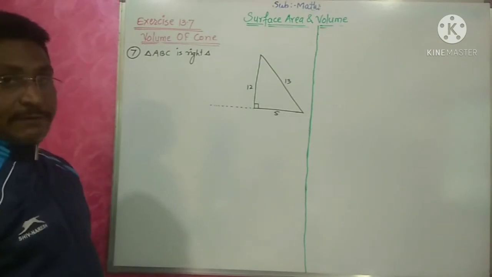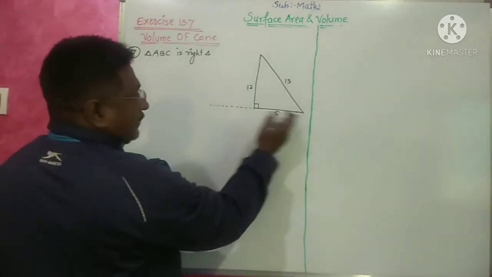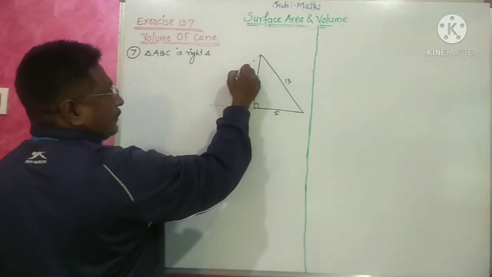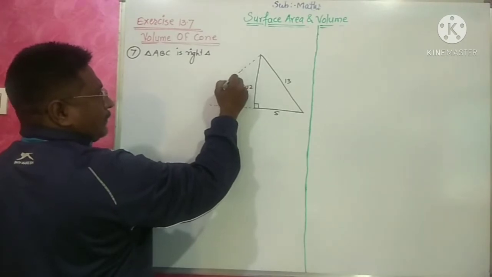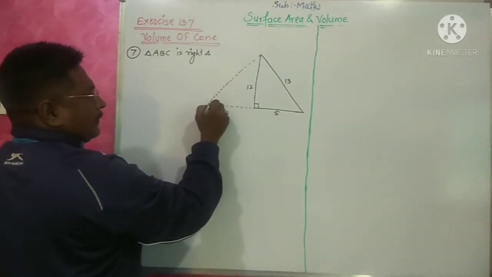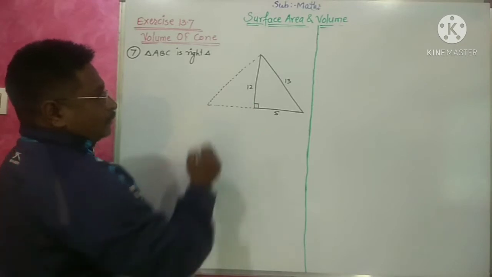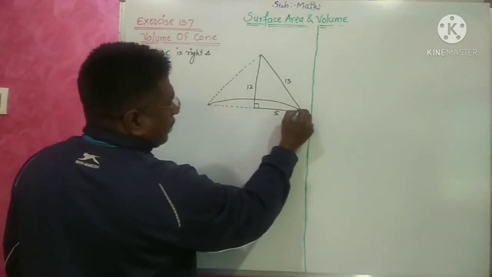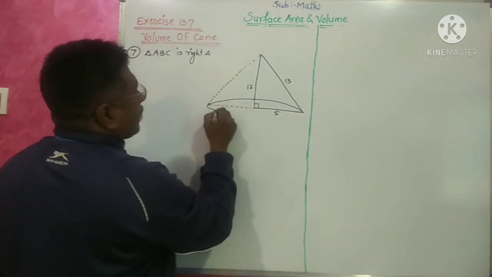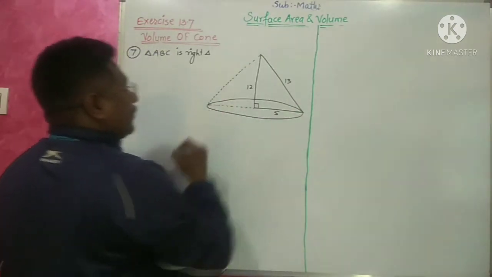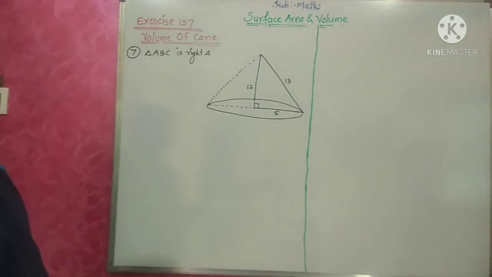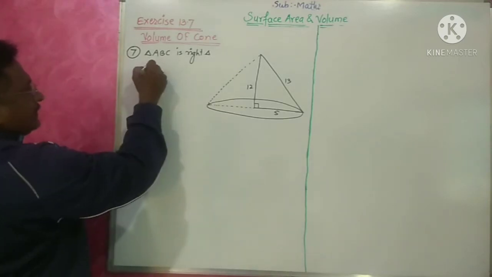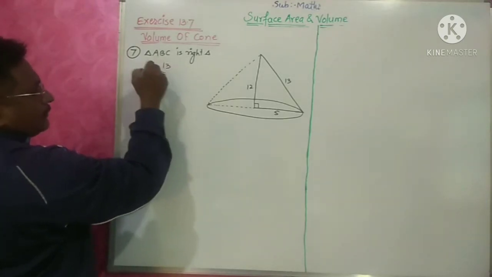What kind of solid will it form? Revolving in this way, what is forming? Cone is forming.